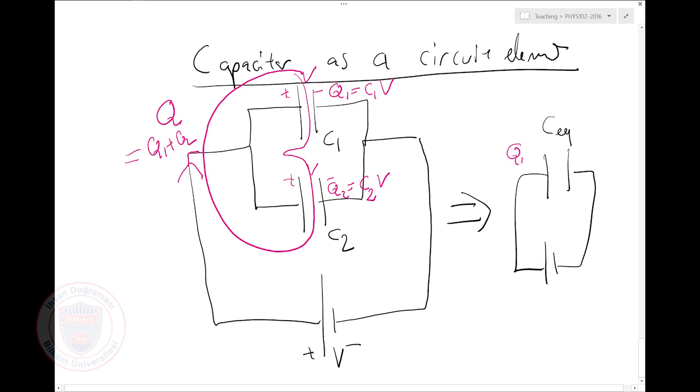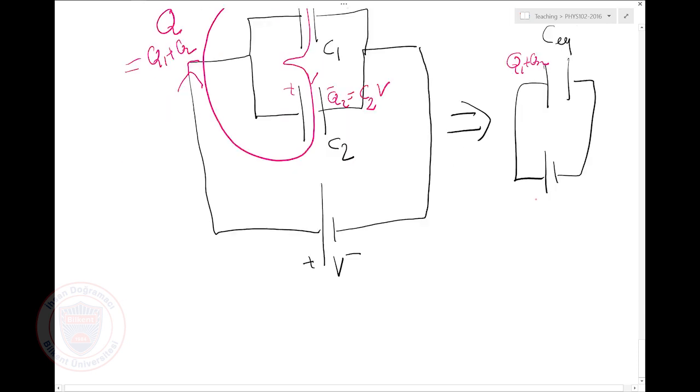So the charge here will be Q1 plus Q2. Potential is still V. So C equivalent will be Q1 plus Q2 divided by V. But what was Q1?